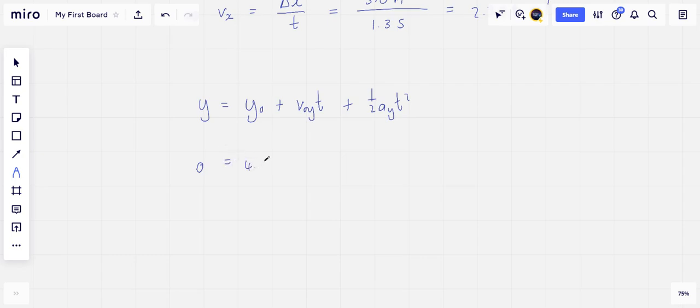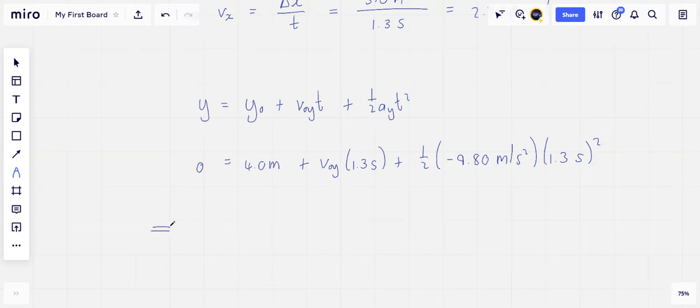This is equal to the initial height of 4 meters plus v0y times a time of 1.3 seconds plus a half times the acceleration, minus 9.8 meters per second squared, times a time of 1.3 seconds squared.